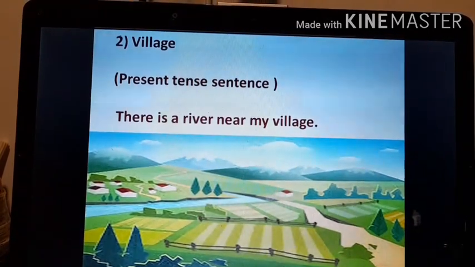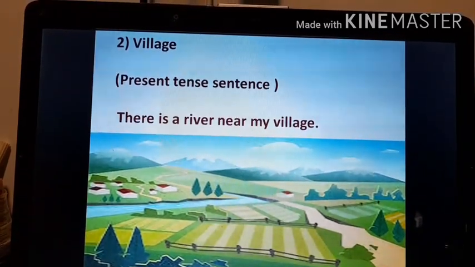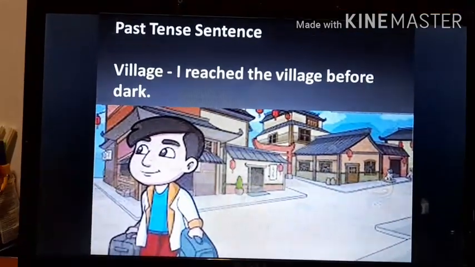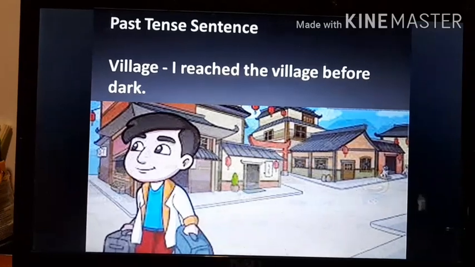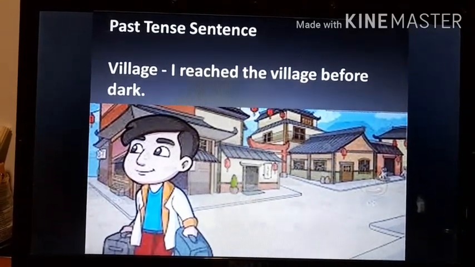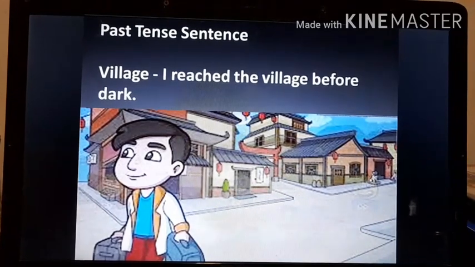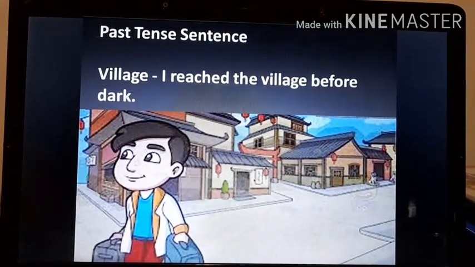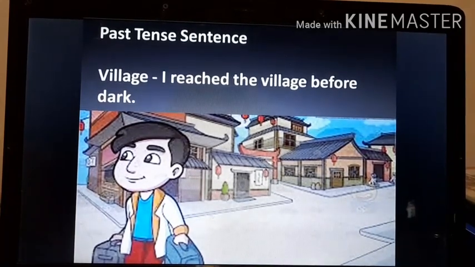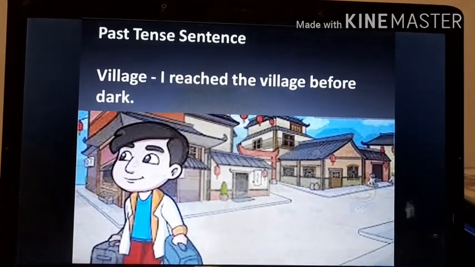Now let's come to the past tense sentence of the word village. The past tense sentence of the word village is, I reached the village before dark. Reached.